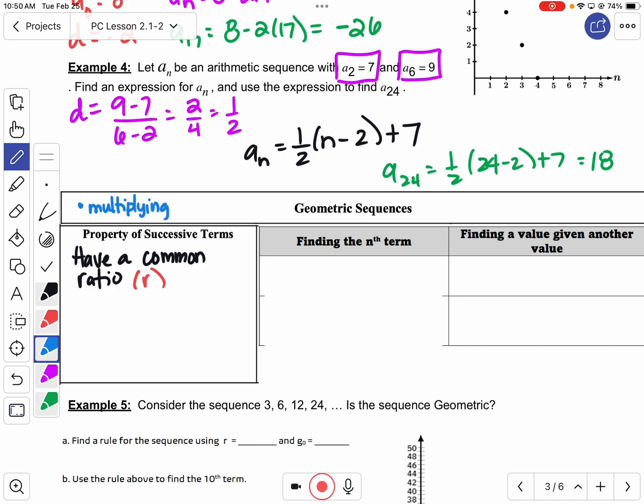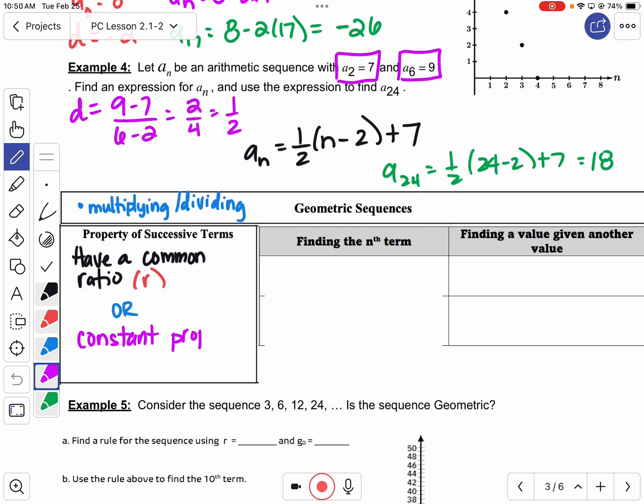If it's division, they use a fraction so that it's always multiplication. The way we're going to refer to it is that they have a constant proportional change.